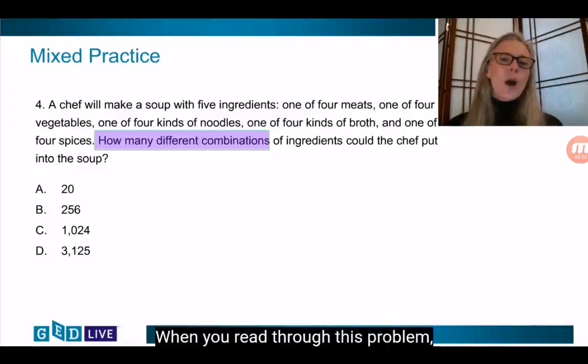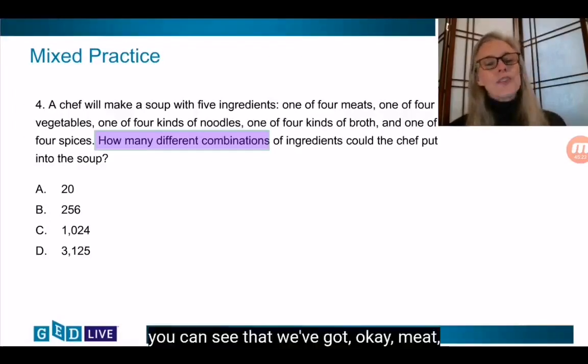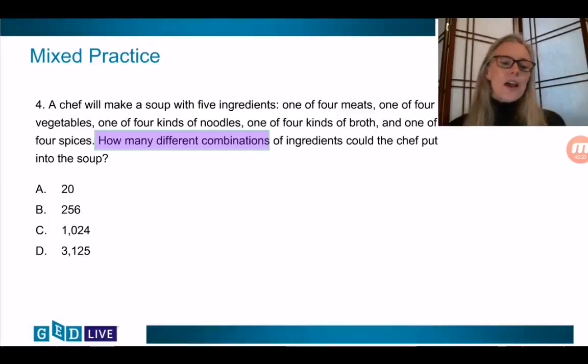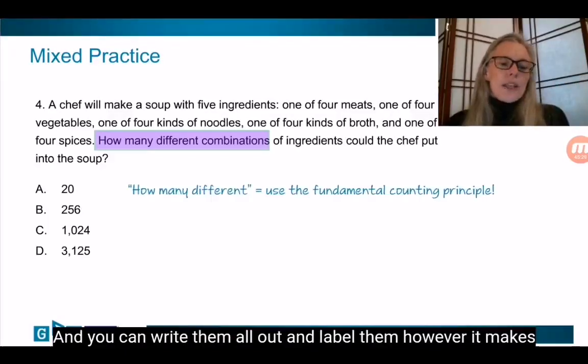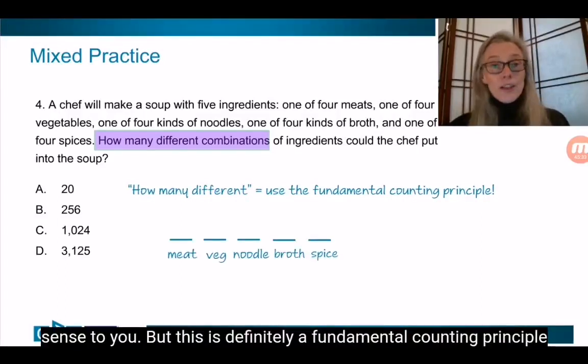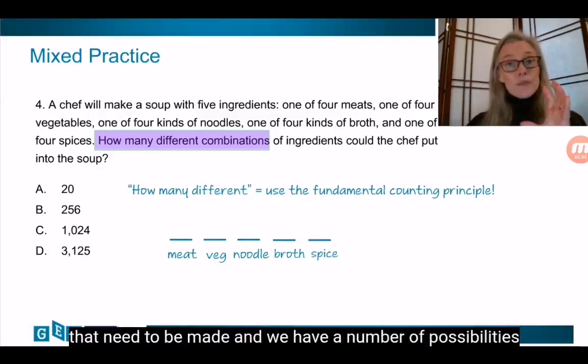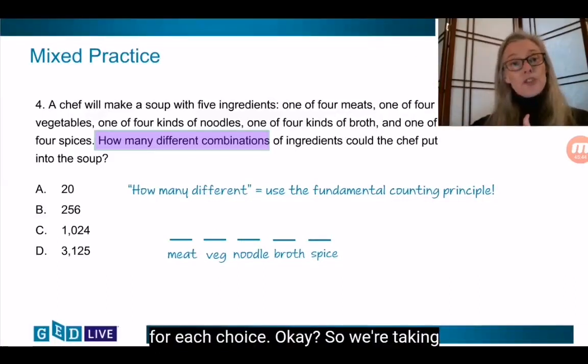When you read through this problem, you can see that we've got meat, vegetable, noodle, broth, and spices. And you can write them all out and label them however it makes sense to you. But this is definitely a fundamental counting principle situation, right? We've got 5 different choices that need to be made, and we have a number of possibilities for each choice.